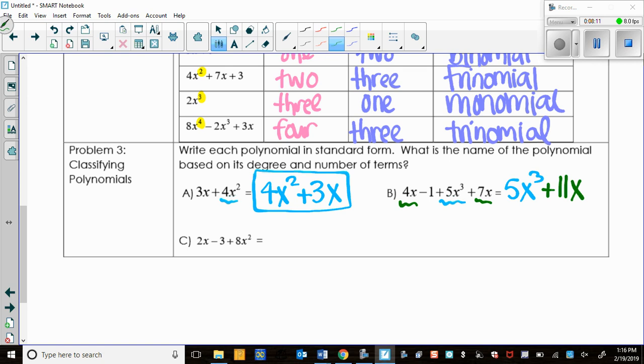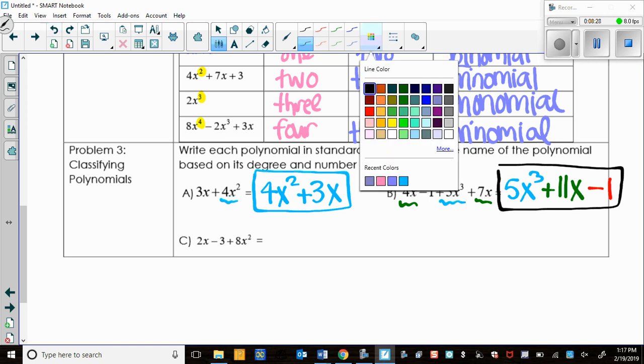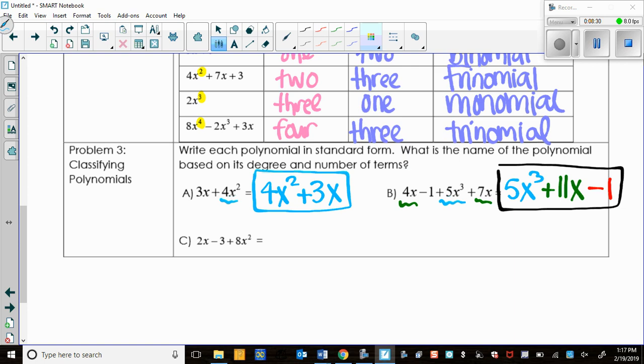And then my last one is minus 1. So this is my answer in standard form. Notice that my 3 is the highest, the 1 comes next, and the constant, which has a 0 value degree, is the last one. Try the last one on your own and see what you get when you check back with my answers.